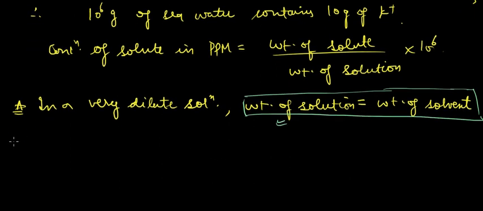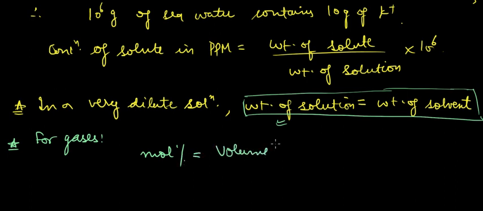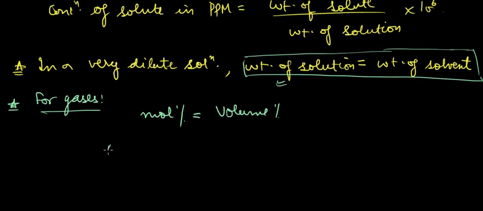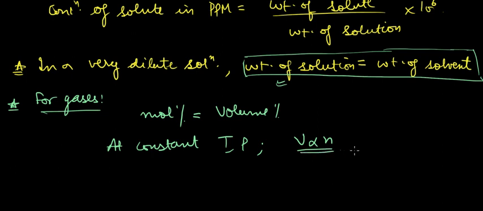For gases, we can say that mole percent equals volume percent. Okay, at constant temperature and pressure V is directly proportional to n. Therefore we can say that V1 upon n1 equals V2 upon n2.